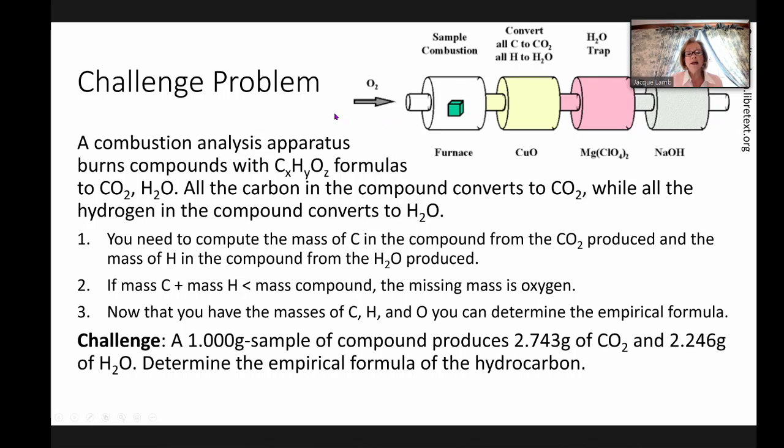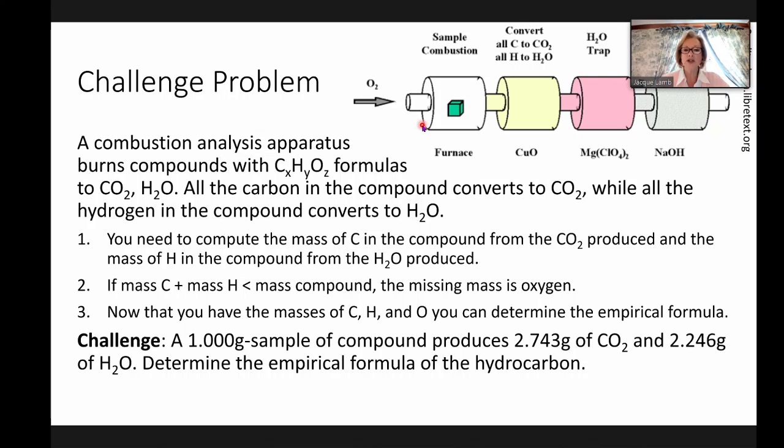So one of the ways of analyzing those compounds is through combustion. This shows you a typical combustion chamber. Oxygen comes in the end here. Your compound is in this furnace.